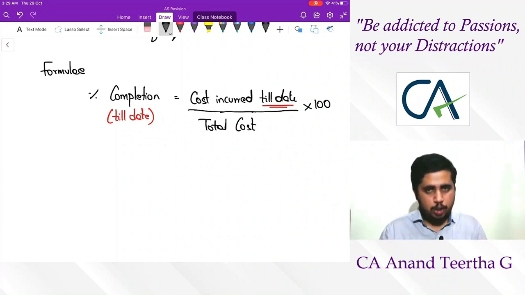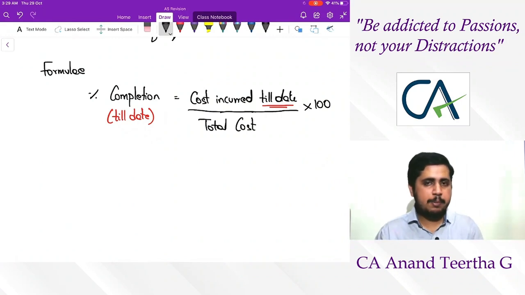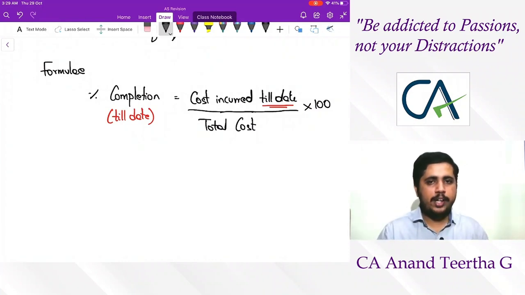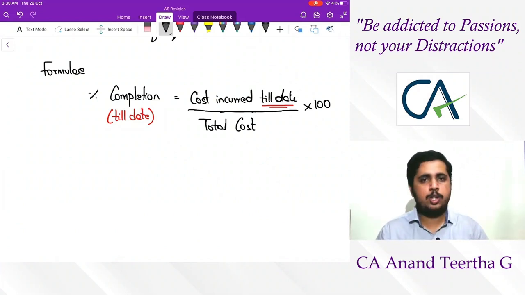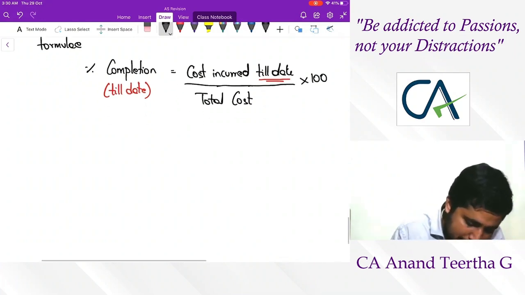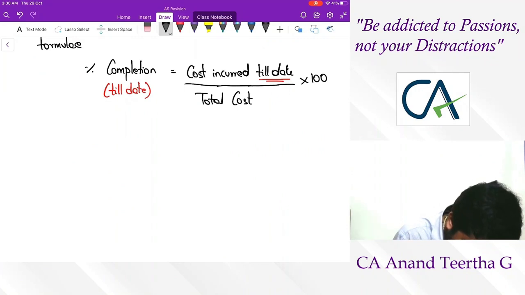If you are in year 2 and calculate percentage completion, cost incurred till date means from year 1 till date, so 2 years of cost will come in here. Therefore even percentage completion is also till date. From the starting date till year 2, how much percentage is completed? So how will that impact? It will impact revenue for the year.